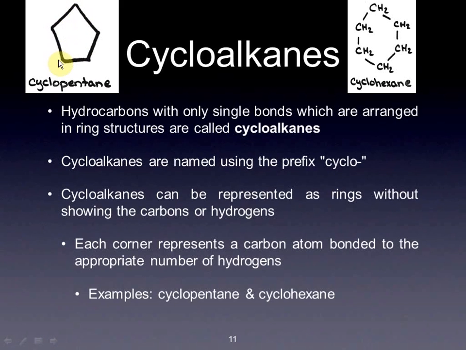In this case, 2 hydrogens each. And likewise, the 6 carbon atoms in cyclohexane form the hexagon. Give you a moment here to write these down in your notes.